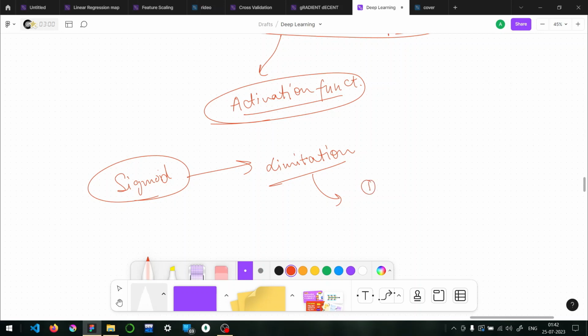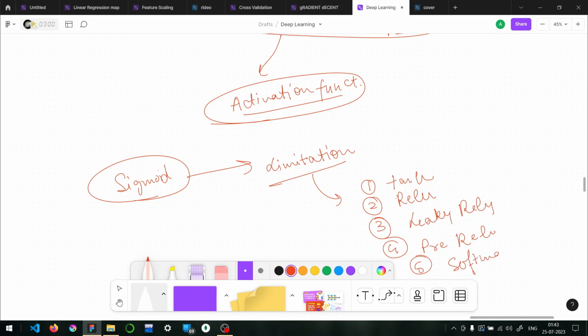Let me give some names if you want to learn ahead. First is tanh, then ReLU, then leaky ReLU, then parametric ReLU, and then softmax. The list goes on and on, but these are the most commonly used activation functions.